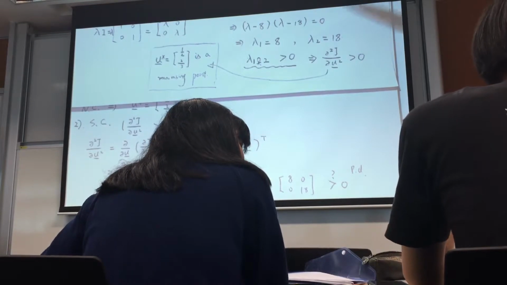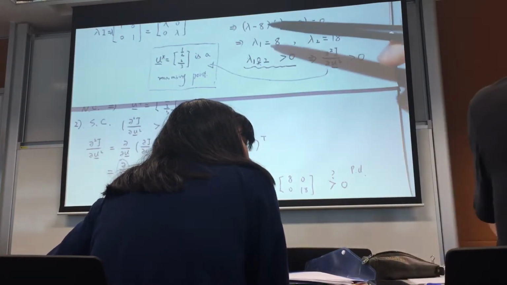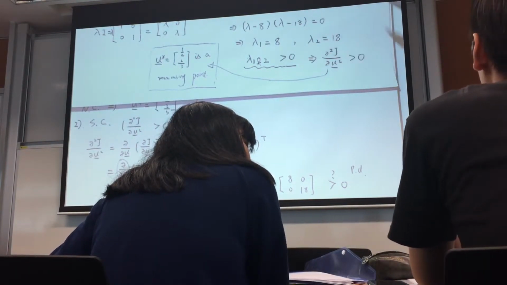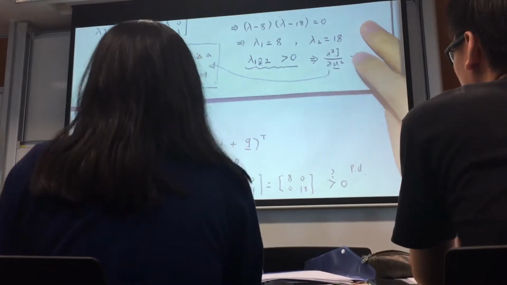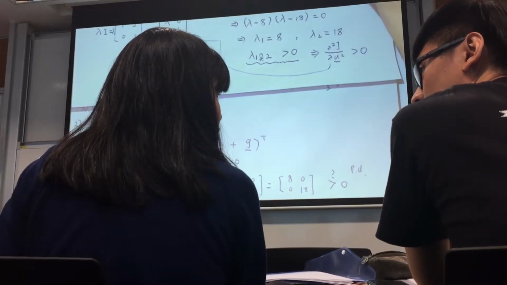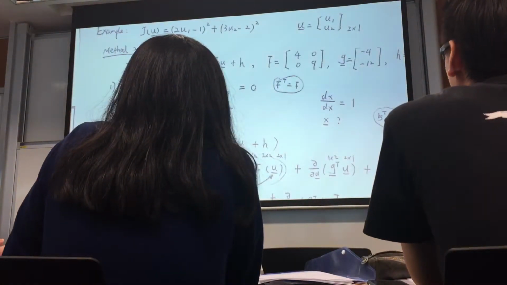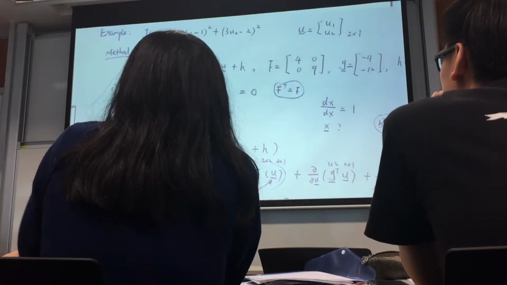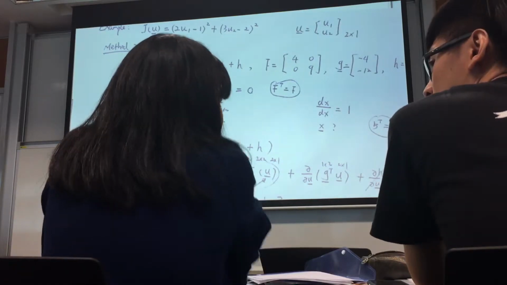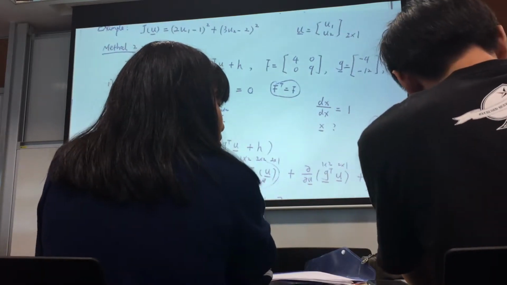So in summary, to solve the unconstrained optimization problem, we need to evaluate two sets of conditions. The first set is the necessary condition.